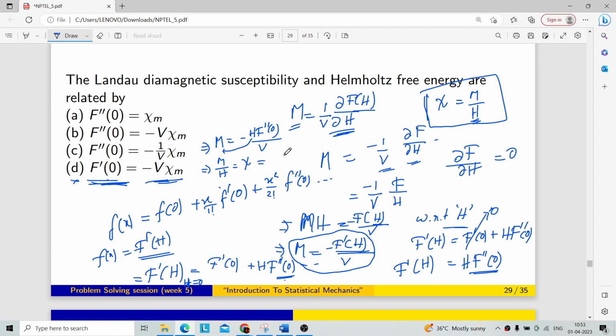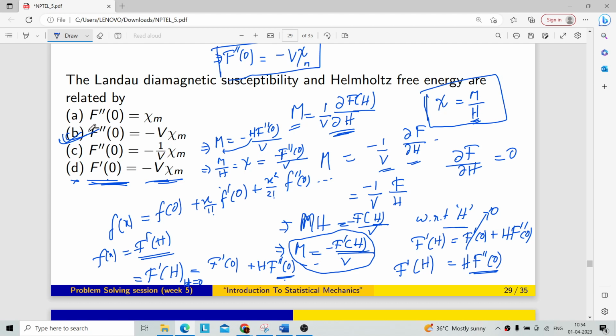This is equal to minus F double prime 0 by V. So F double prime 0 will be minus V times susceptibility. So what is the answer then? Here, this is the answer.